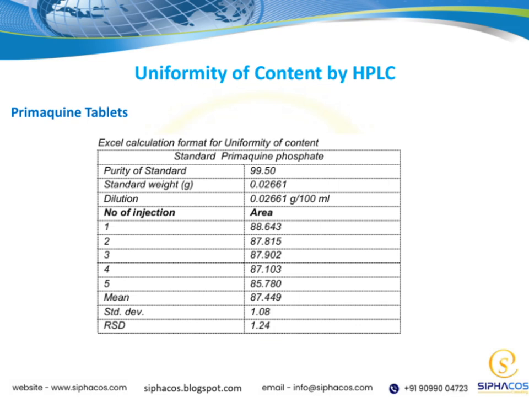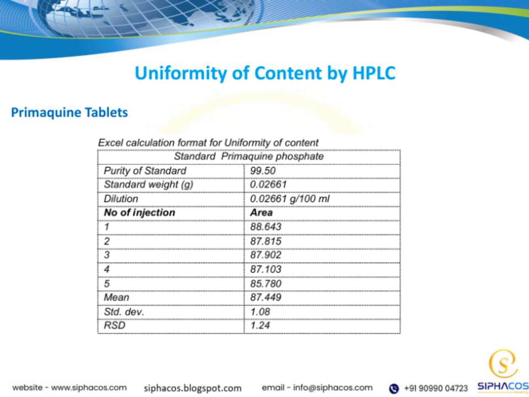HPLC allows us to measure the amount of active ingredient in each tablet accurately and consistently. This step is vital because it helps us confirm that the manufacturing process is reliable and that patients receive a safe and effective dose every time. Overall, maintaining uniformity through methods like HPLC supports the integrity of our medication and our commitment to quality assurance throughout the production process.